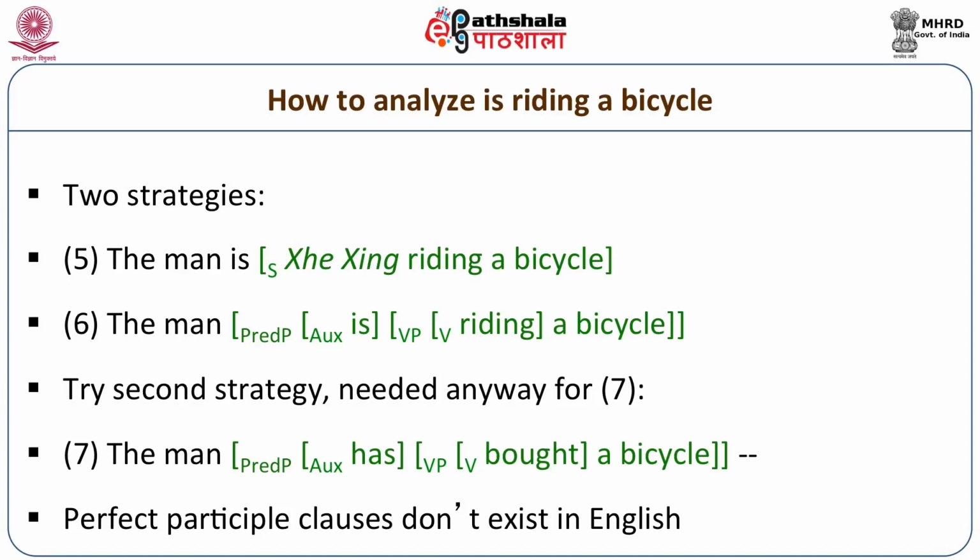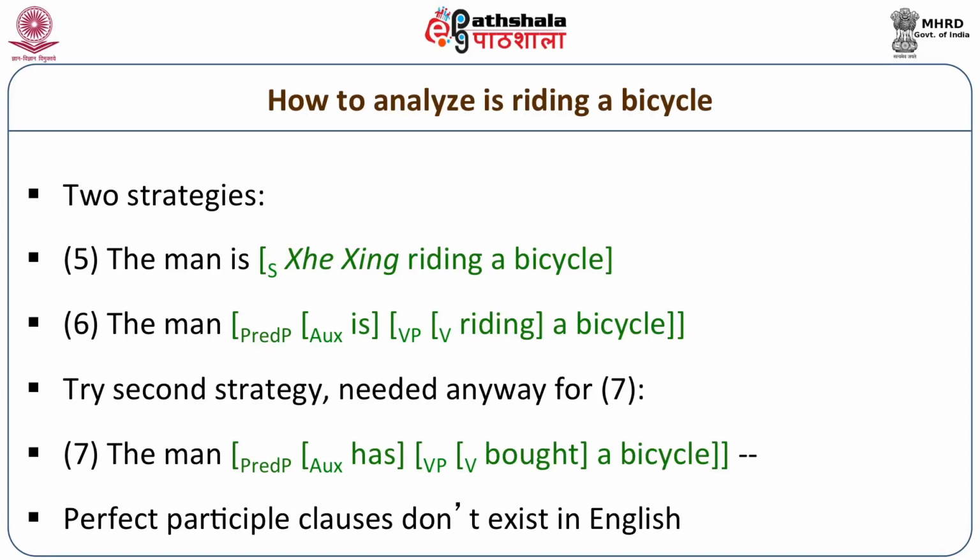We are asking whether, as in 5, we should show it with the participial clause he, ing, riding a bicycle being somehow applied to the man is, or whether, as shown in 6, we should treat is as an auxiliary that belongs to the verbal complex of riding, so that the special apparatus of the participial clause does not have to be used. How do we choose between these two analyses?